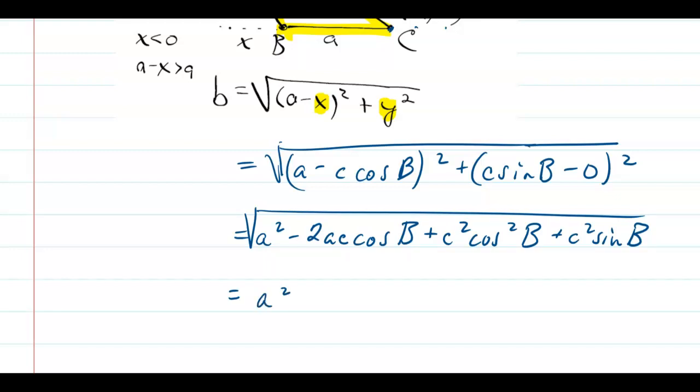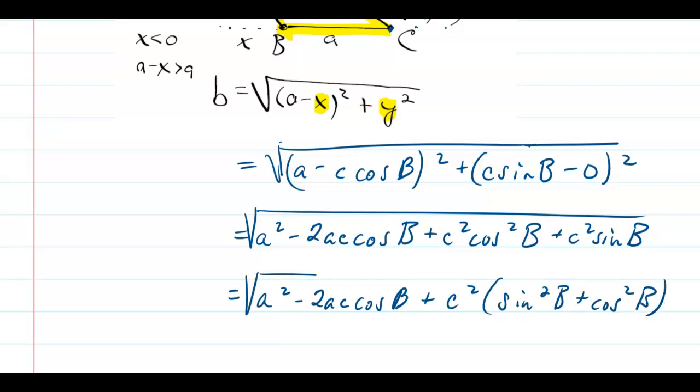We'll get a squared minus 2ac cosine of b plus c squared times sine squared b plus cosine squared b, which is the Pythagorean trig identity right here. That's equal to 1.